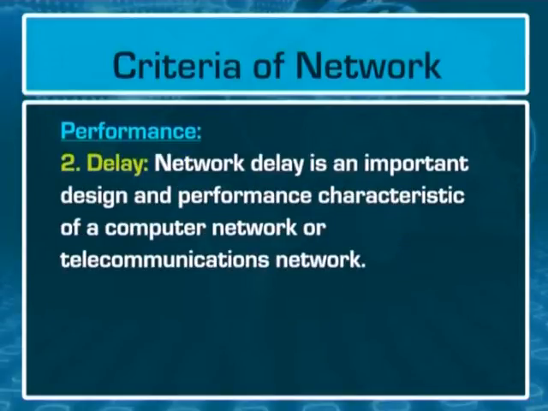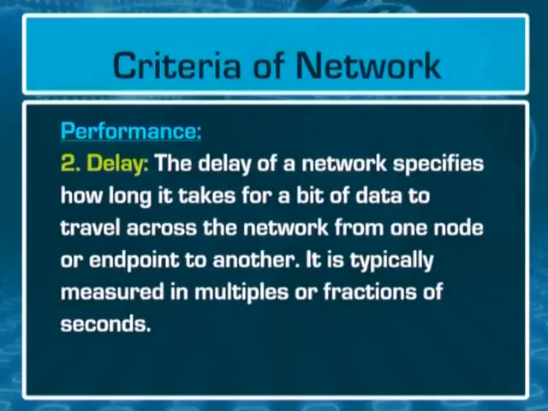Number 2, delay. Network delay is an important design and performance characteristic of a computer network or telecommunications network. The delay of a network specifies how long it takes for a bit of data to travel across the network from one node or endpoint to another. It is typically measured in multiples or fractions of seconds. Network delay is divided into several parts.